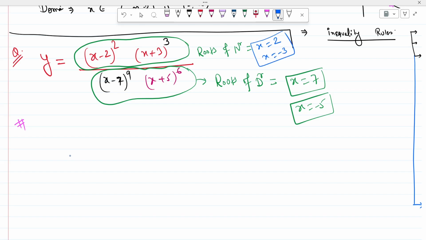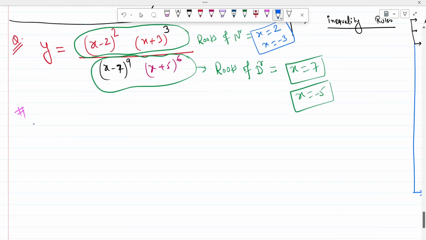Is it okay? So step 1 is very clear: find the roots of denominator and numerator separately, not the roots of y. Step 1 is already done.